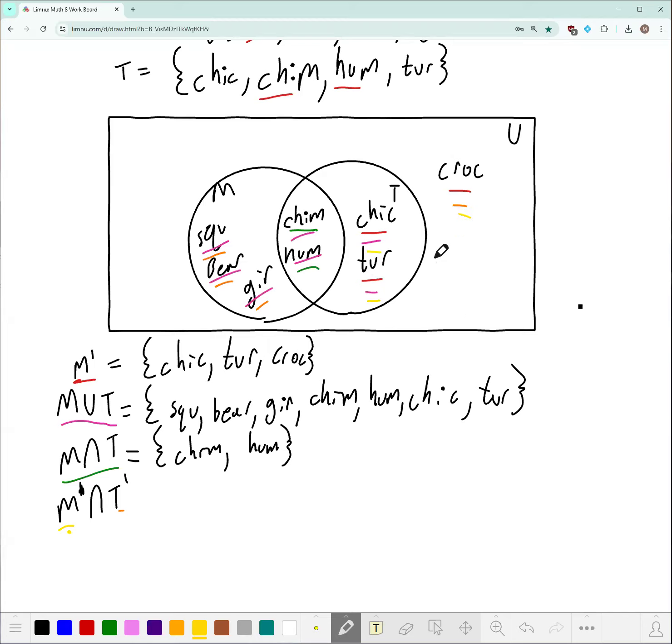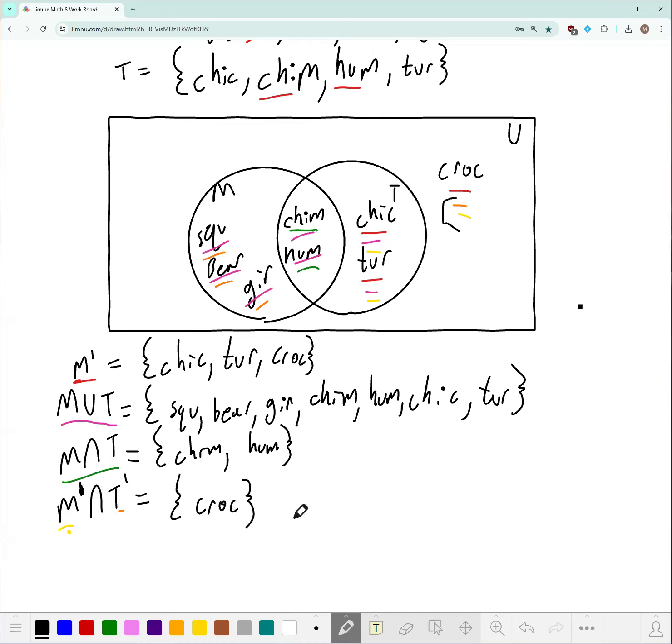What I need then for an intersection is it has to be in both yellow and orange. And only crocodiles are part of both of those sets. And so our subset, the intersection of complement M and complement T, is only going to include crocodiles.